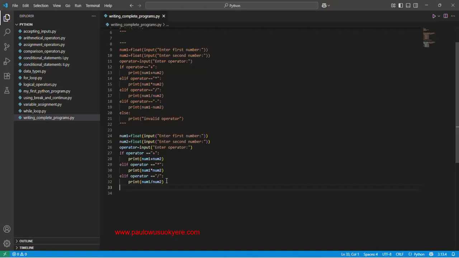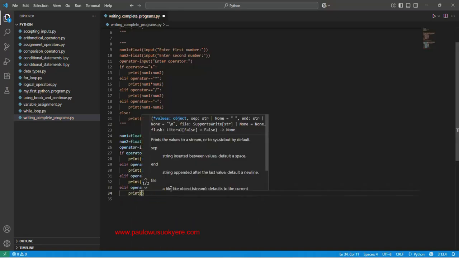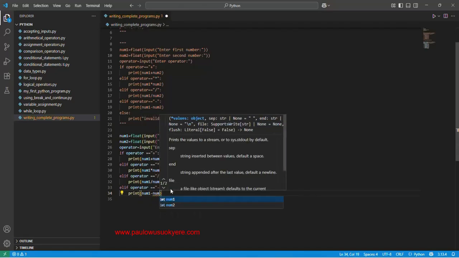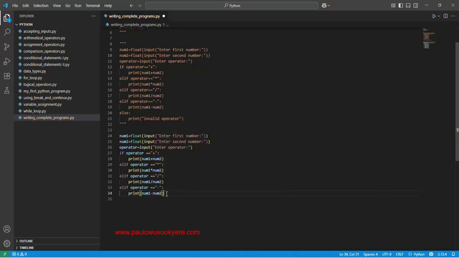Then elif, if operator is subtraction, which is minus, colon, print num1 minus num2. Okay, you press enter, you press the backspace.